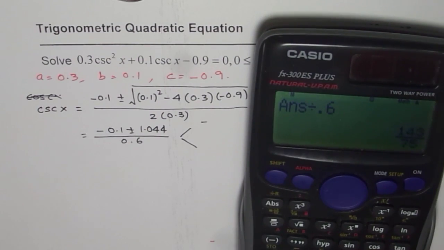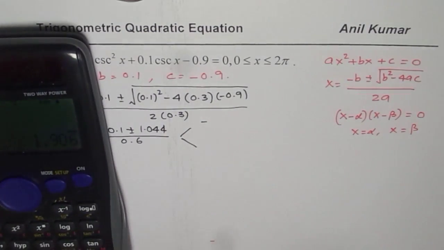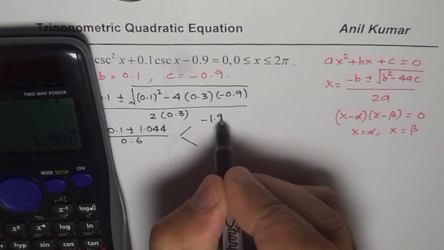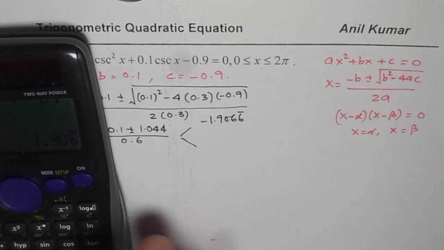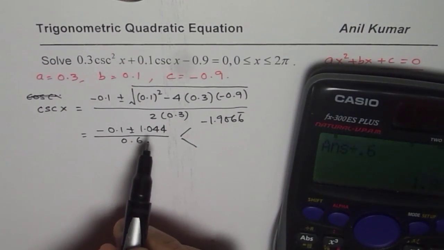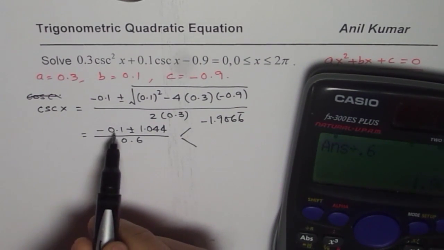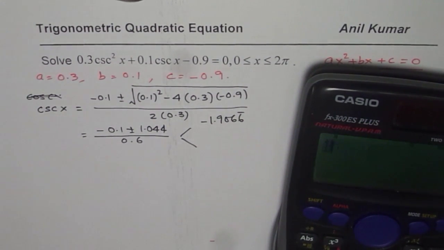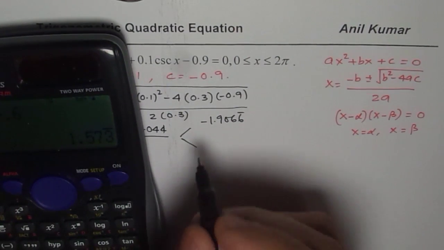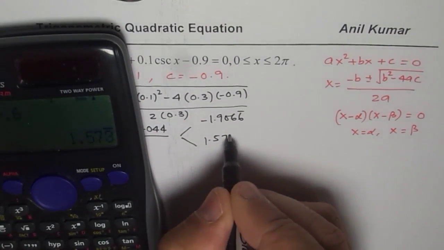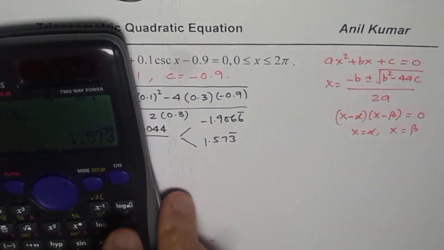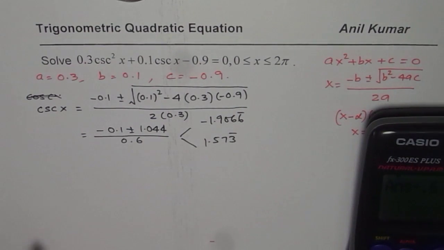So the negative answer for us is minus 1.9066. The positive value will be when I take 0.1 away from 1.044. So we get 1.044 minus 0.1, divided by 0.6, which in decimals is 1.573 recurring. So these are the values for cosecant x.